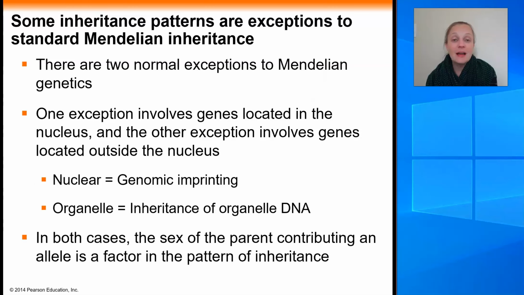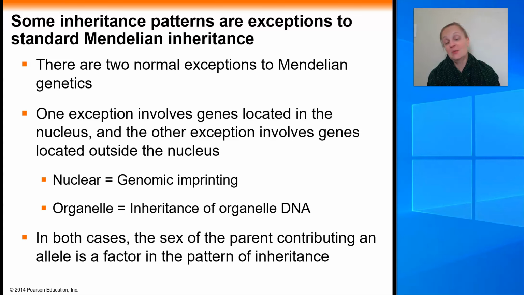Okay. And then the last part of this chapter is taking a look at 2 more examples where inheritance patterns deviate from simple Mendelian genetics that we've been studying in chapter 14. One of these examples has everything to do with genes located in the nucleus of a cell.